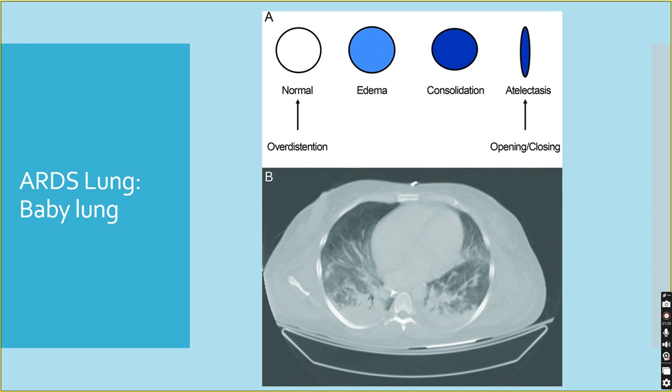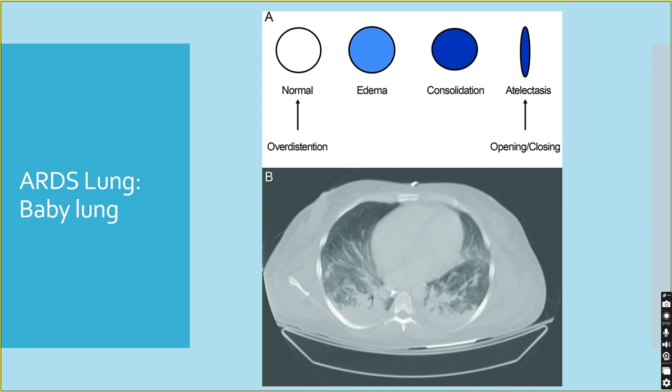So what is the problem in management of ARDS, particularly when we are ventilating these patients? The lung is heterogeneously involved, and this lung is called the baby lung. In an adult patient with bilateral lung involvement, the normal lung is very small, like a baby lung.